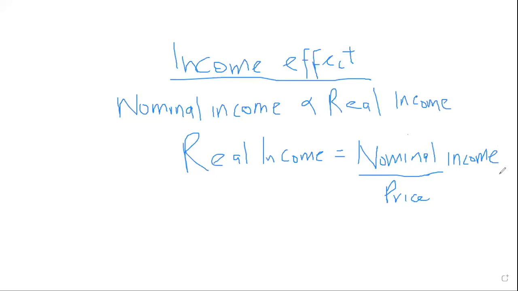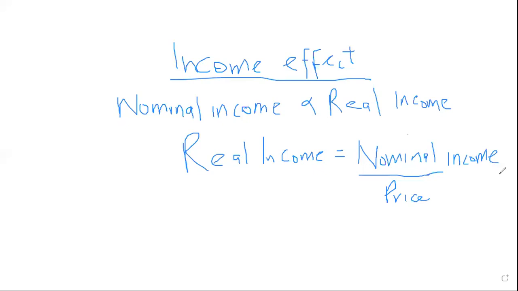So the nominal income is the income. For instance, if I receive an income of, let's say, 1,000 cedis a month, that 1,000 cedis is my nominal income. But if the price of the item that I spent the 1,000 cedis on is, let's say, 2 cedis, then my real income will be the 1,000 cedis divided by 2 cedis, which is 500.